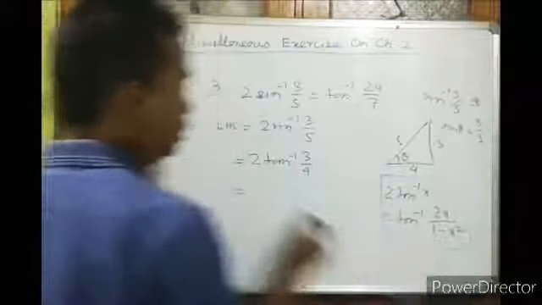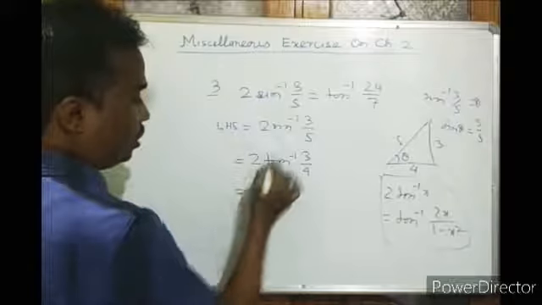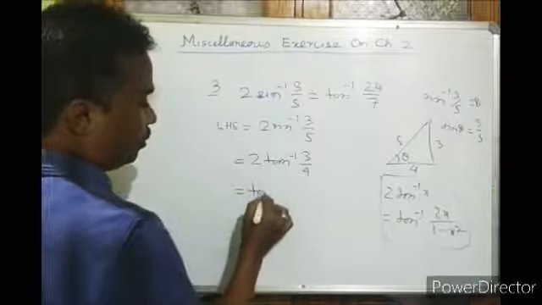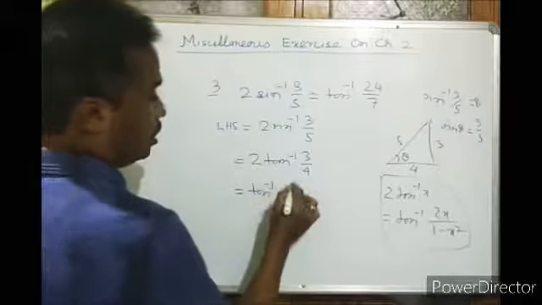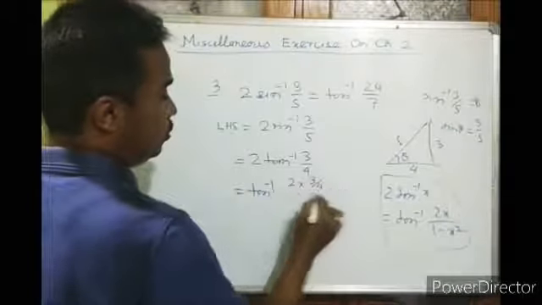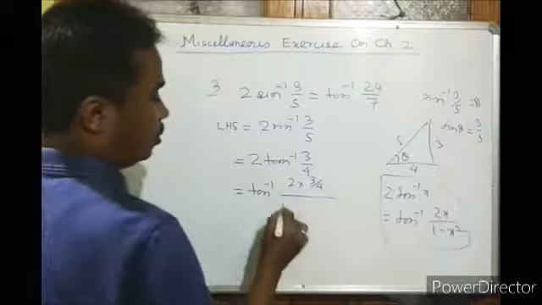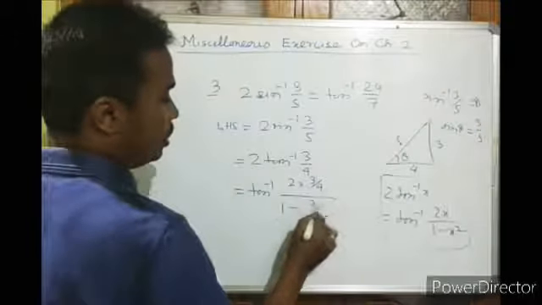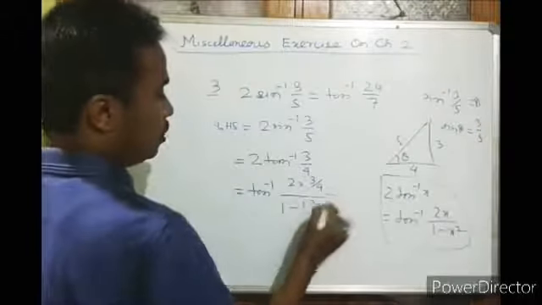Using this formula, 2 tan inverse 3 by 4 is equal to tan inverse 2 into 3 by 4 divided by 1 minus 3 by 4 square.